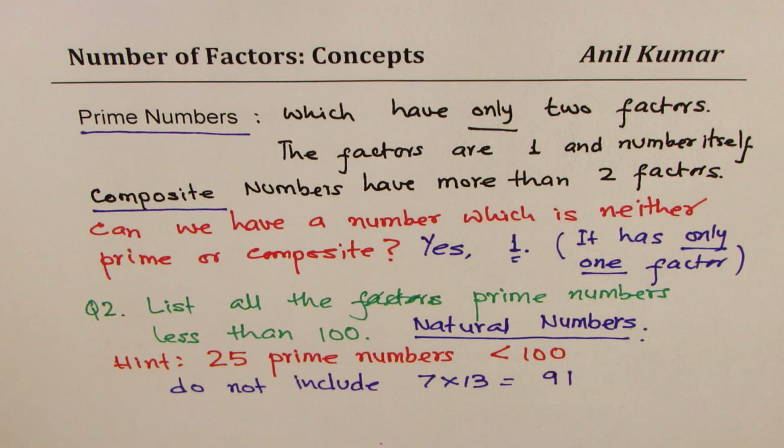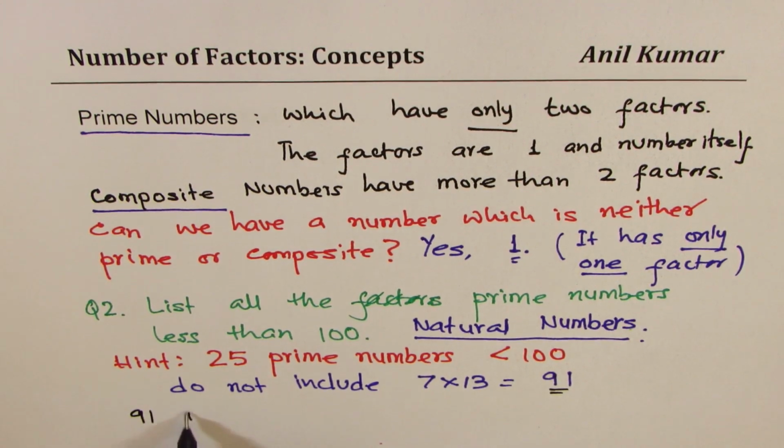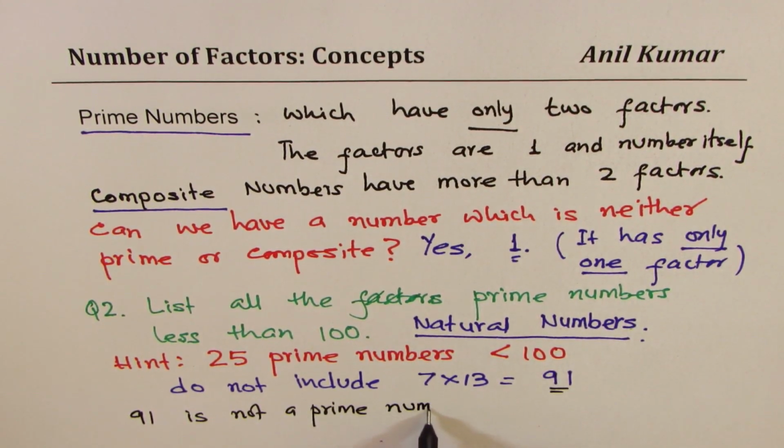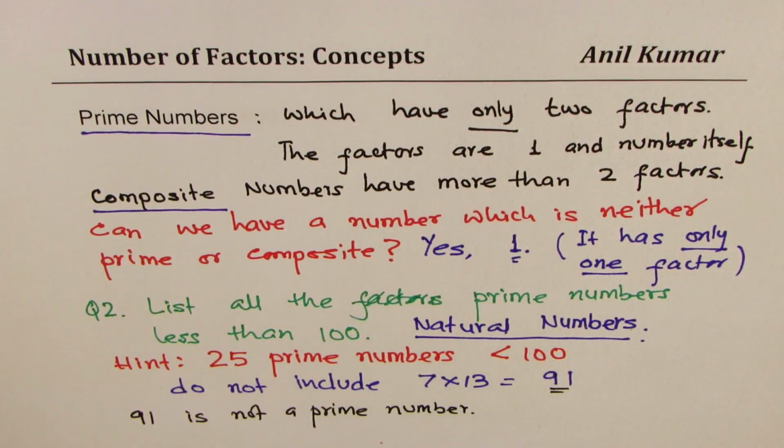Is that clear? Okay, 91 is not a prime number. Commonly I've seen in the list you will have 91, and that creates a problem.